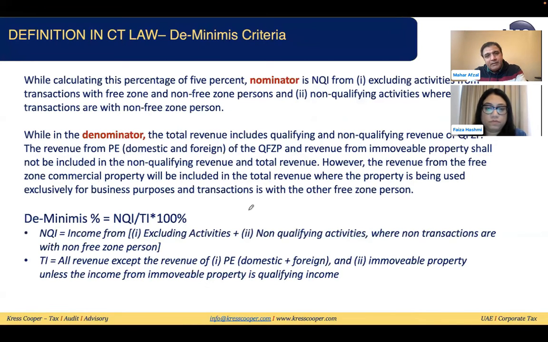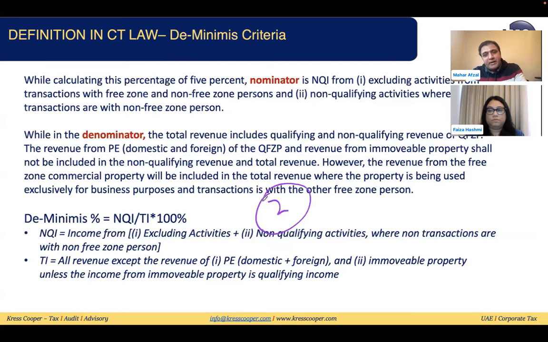Non-qualifying income: they said the person who is earning any income from non-qualifying intellectual property, or the person who is earning qualifying income from the qualifying intellectual property, but which is not qualifying for the qualifying income, that will be considered non-qualifying income. That will be considered for the de minimis criteria.